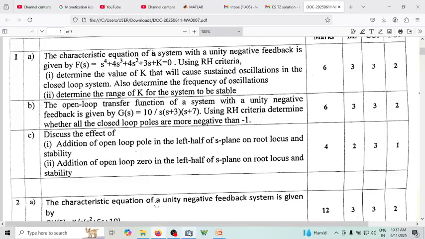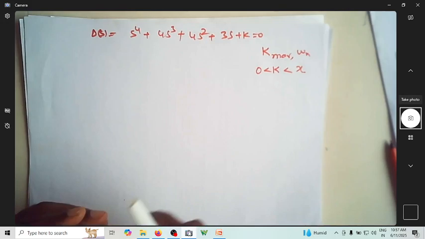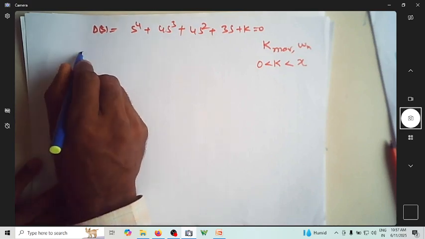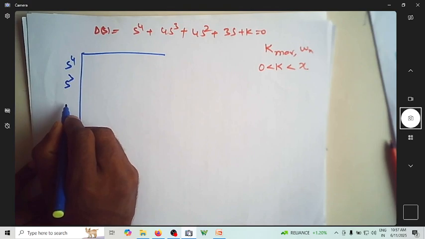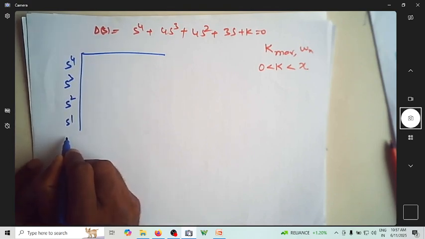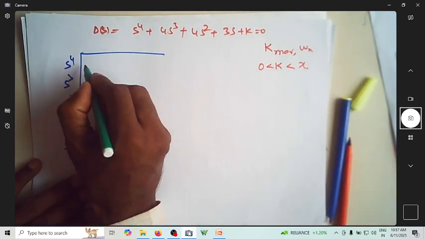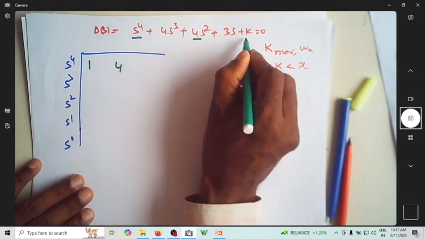Let us first use the Routh array to solve this problem. This is the characteristic equation. Let me write the Routh array for this: s power 4, s cube, s square, s power 1 and s power 0. The elements are 1, 4, and k, the alternate elements.